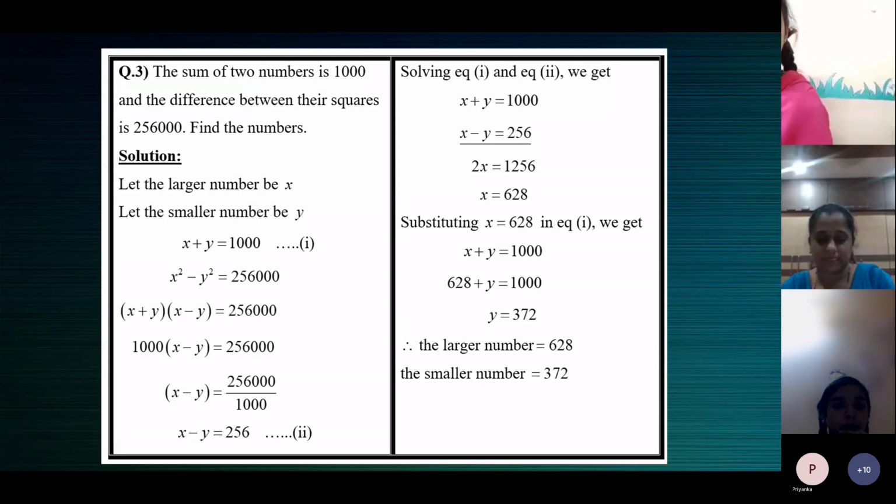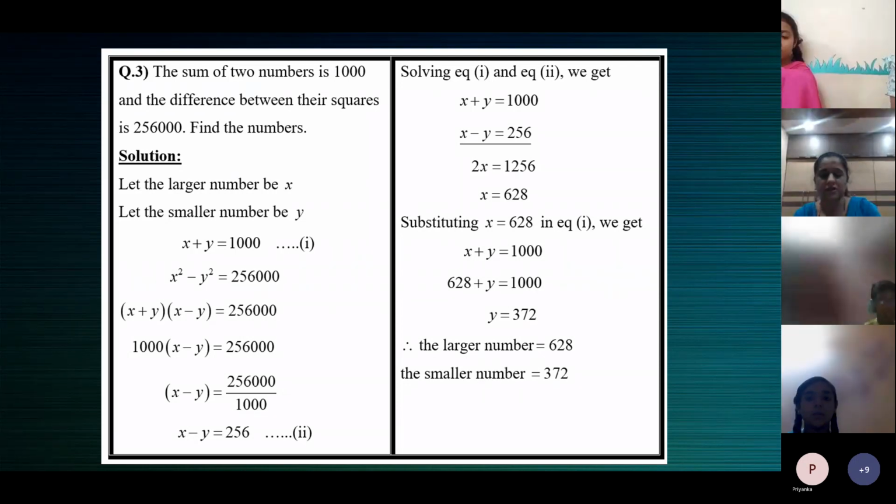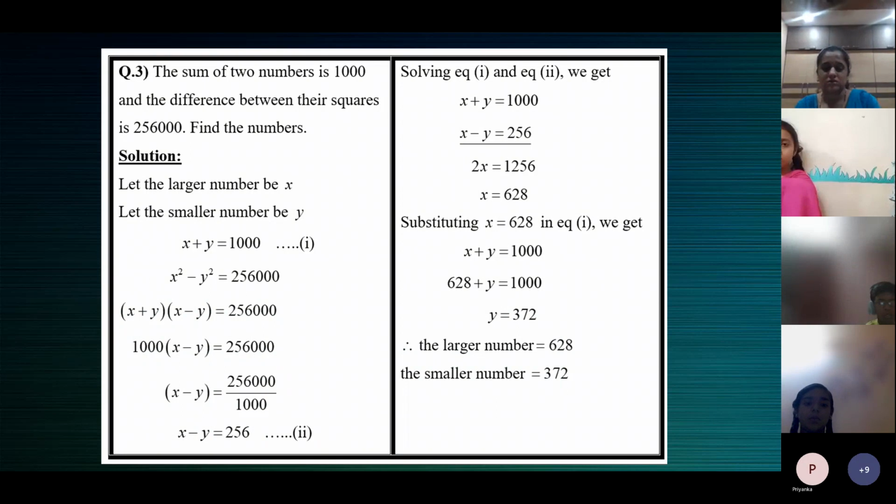Understood, ma'am. Very good. Harni, you've sent your assignment on trigonometry, but the last page you're still to complete, or you forgot to take a picture?